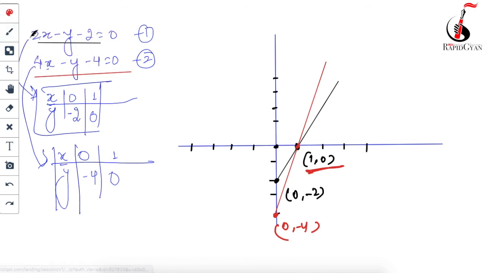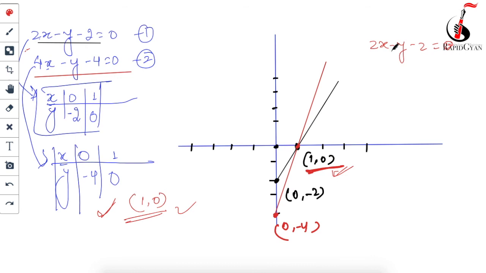Now how will you verify whether your answer 1 comma 0 is correct? In order to verify this, we simply put this in the equation. So your first equation is 2x minus y minus 2 is equal to 0.